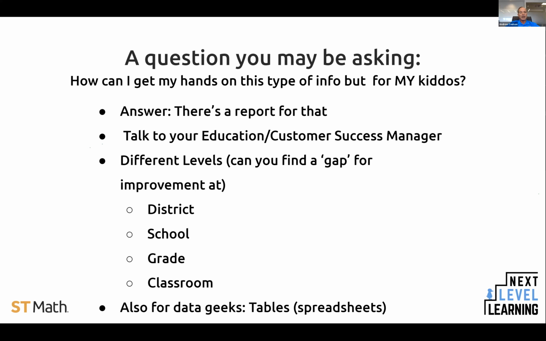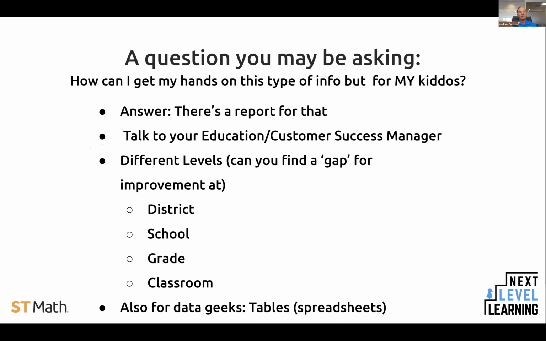The reports actually come out at different levels. There's everything from district level information, like what was our average district attendance, to just one school at a time. There are breakouts, which I'll show you, to compare from grade to grade: what did K, 1, 2, 3, 4, 5 look like?